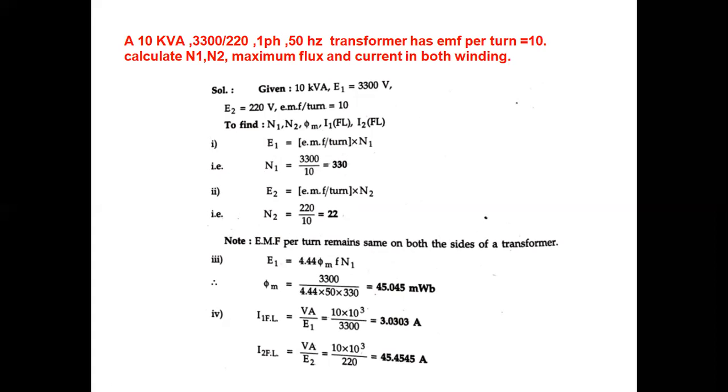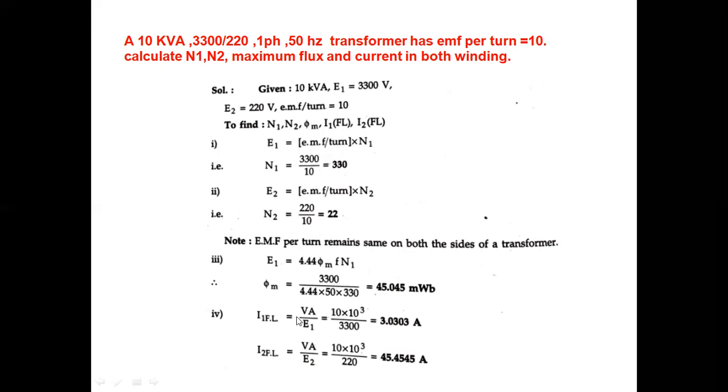Same way for N2 calculation, that is 22, using the same kind of formula. For phi m we can use the equation for E1. Except phi m, all the data are known to us. So using that we can find the value of maximum flux.